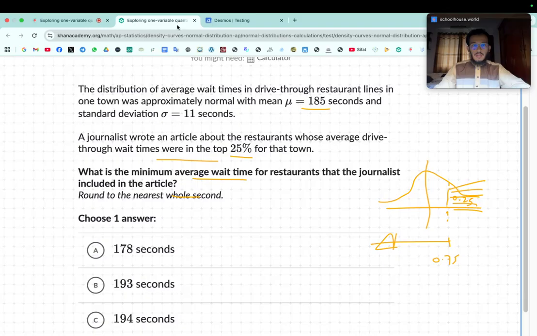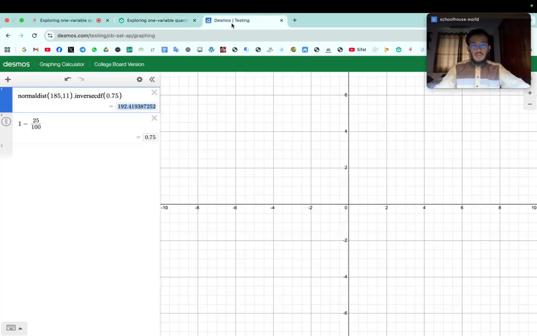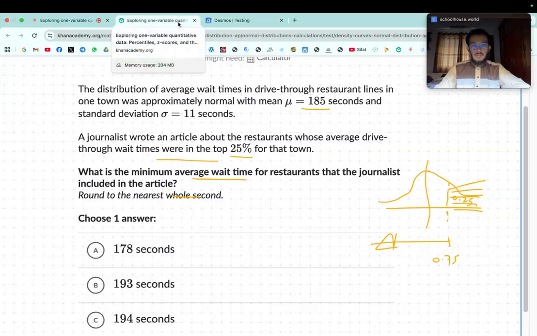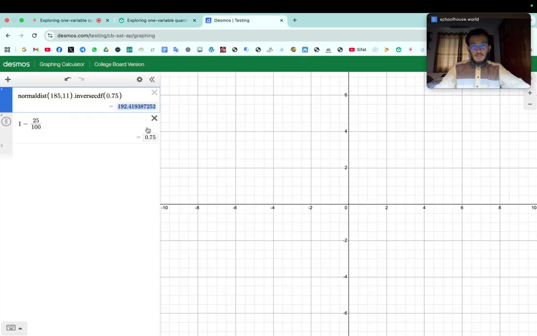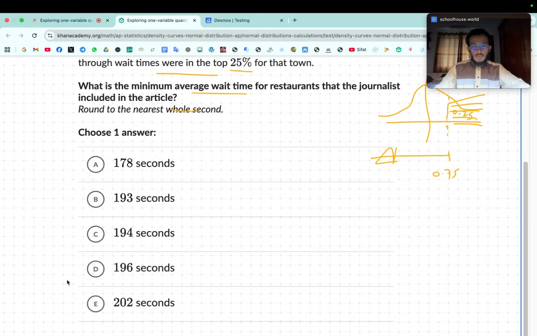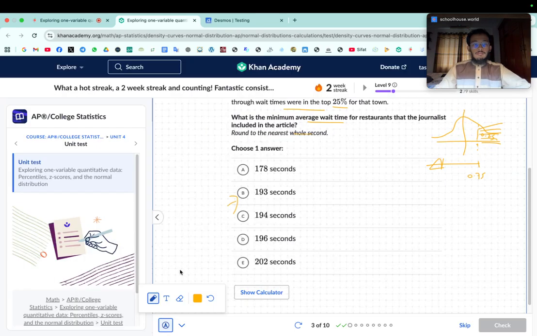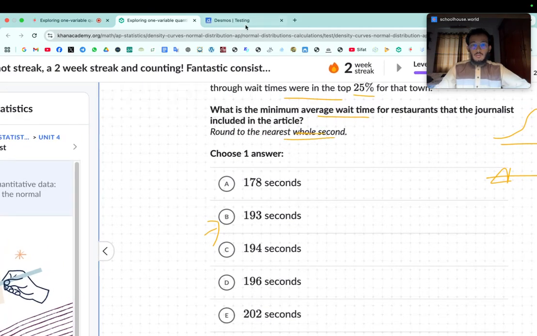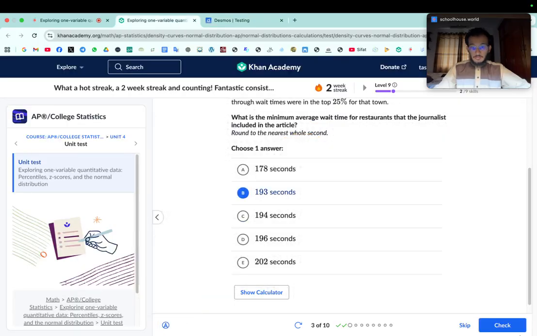We have mean 185, standard deviation 11, inverse CDF 0.75, and so we get 192. So the minimum is 193. Yeah, nearest whole, so 193 is the answer.